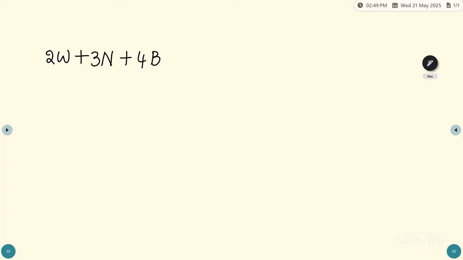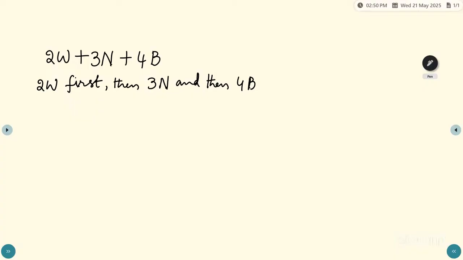What is the probability that two washers are drawn first, then 3 nuts, and then 4 bolts?